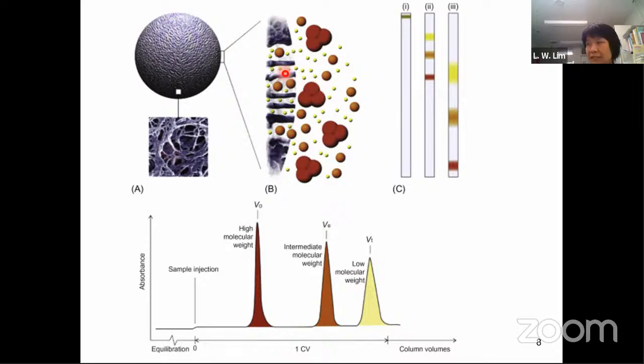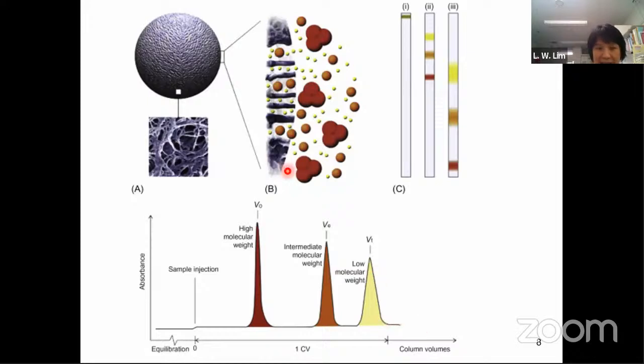The mesopore usually is about 20 nanometers. So if you look at here, it's the same here. Once we inject the sample, this is T0. The longer we do the experiment, the lower molecular weight sample will come out.